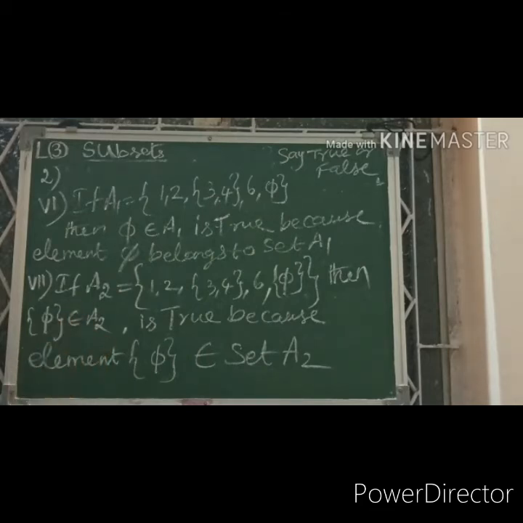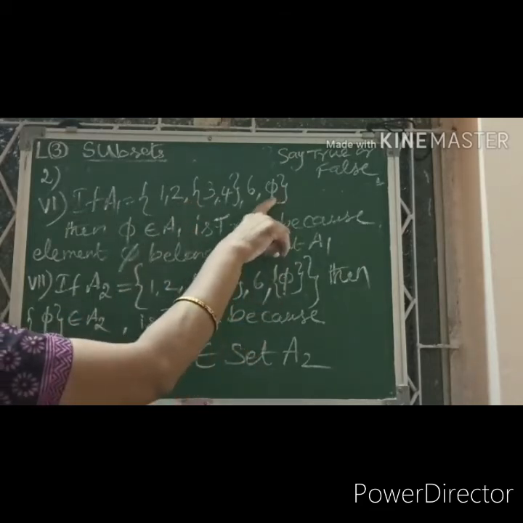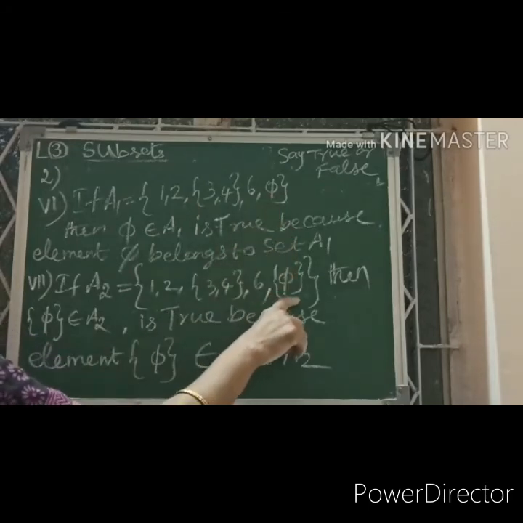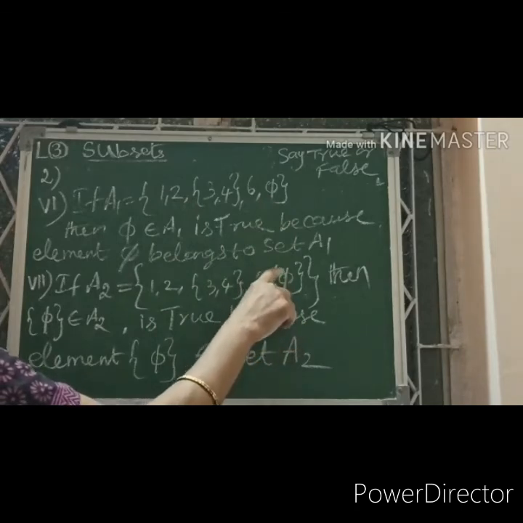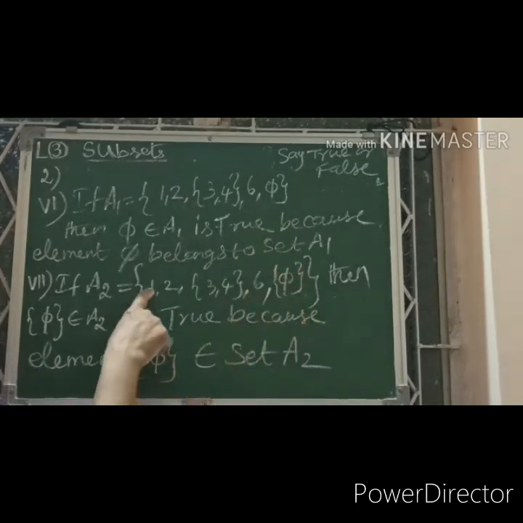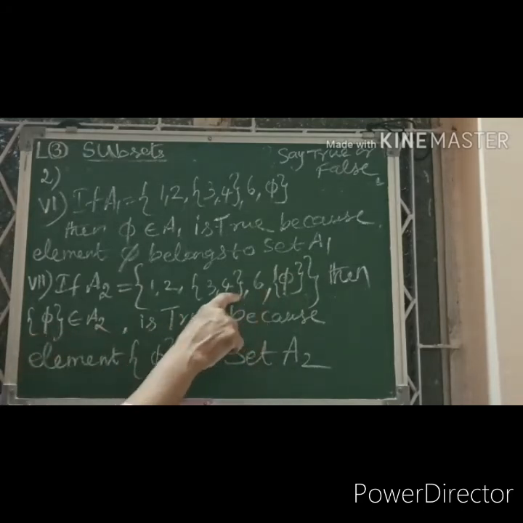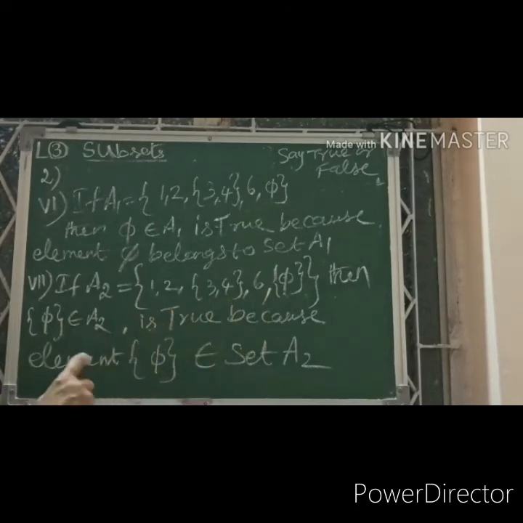See the second question, the same question, but this 5, instead of giving separately, is given inside curly brackets: {1, 2, 3, 4, 6, {5}}. Does {5} belong to A2? Whether it is true or false, check whether {5} is there. Yes, it is true because element {5} belongs to A2. Note it down.